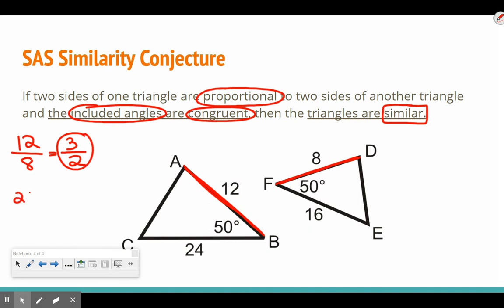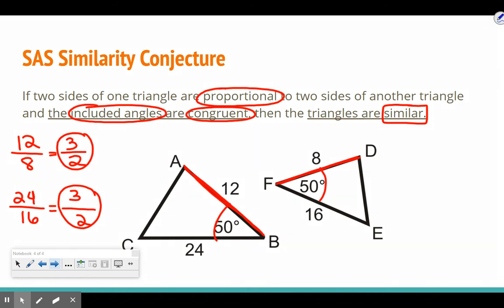Then we check the other one, 24 over 16. That also reduces to 3 over 2 because 8 goes into both of them. So since the sides are proportional to each other, and we obviously have a congruent angle in between those two proportional sides, then we can say these two triangles are similar.